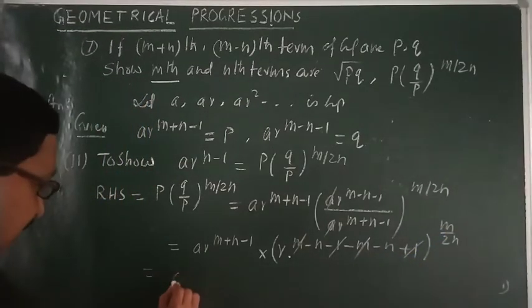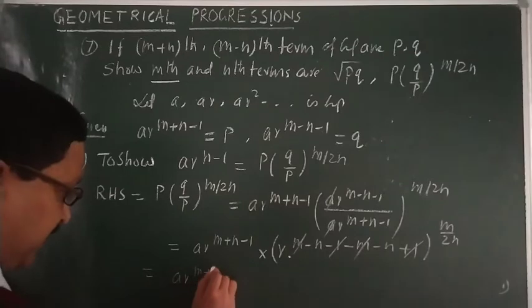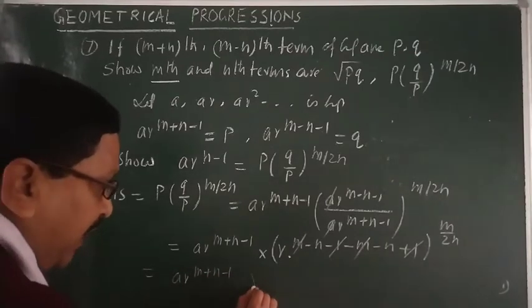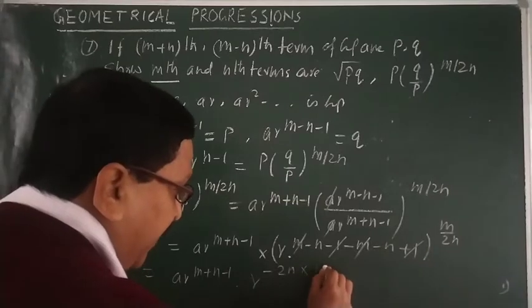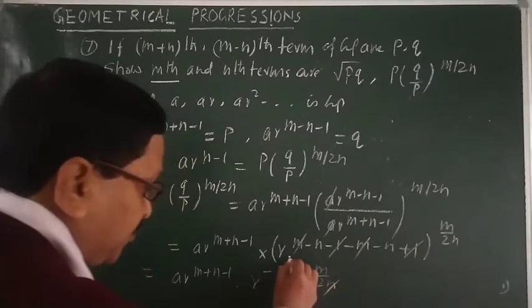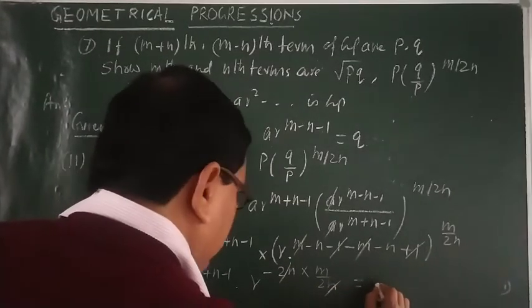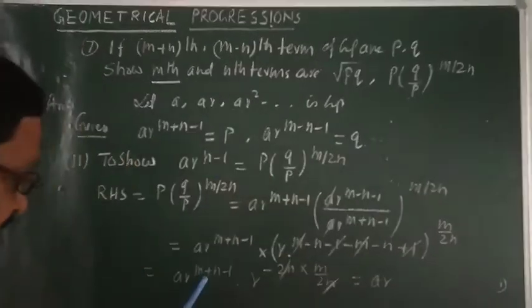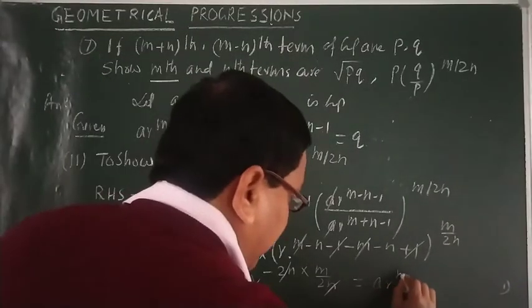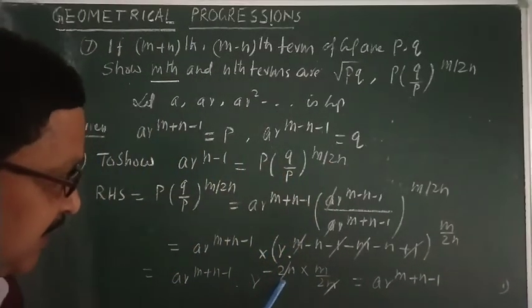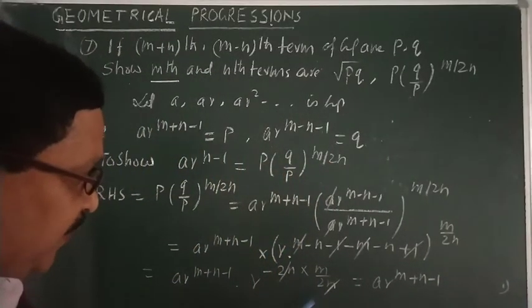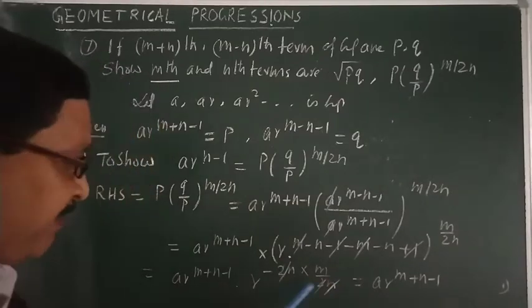So this is AR^(m+n-1) into R to the power minus 2n into m by 2n. So this 2n cancelled. So AR to the power m plus n minus 1, and this power after cancellation of 2n and 2 is minus m.